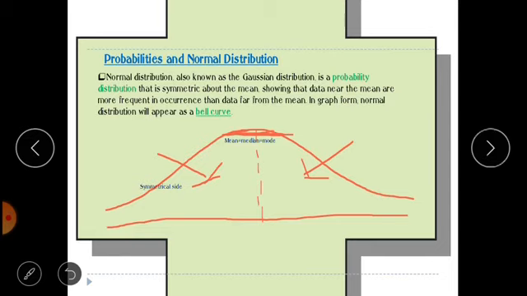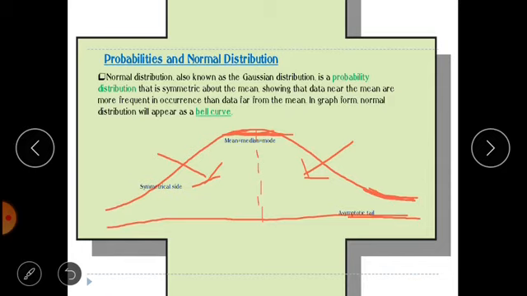So, meron din tayong tinatawag na asymptotic tail. Okay? Which is, itong asymptotic tail natin, kung mapapansin nyo dito sa dulo ng ating bell curve, hindi sila nag-approach dito sa ating horizontal line. So, asymptotic tail ang tawag dyan. Okay?